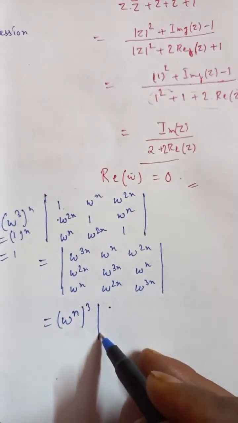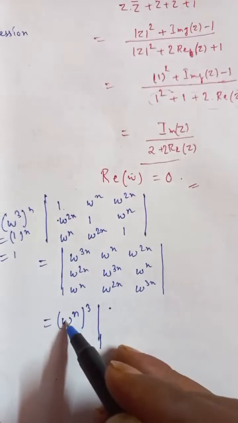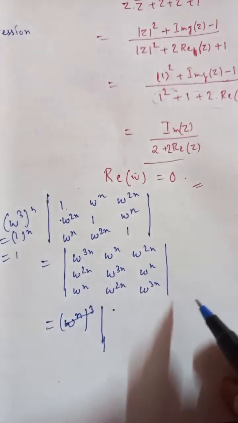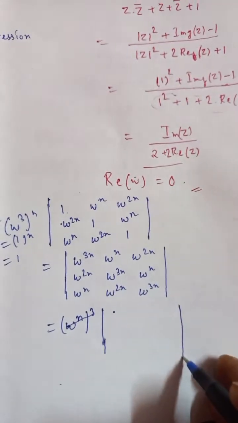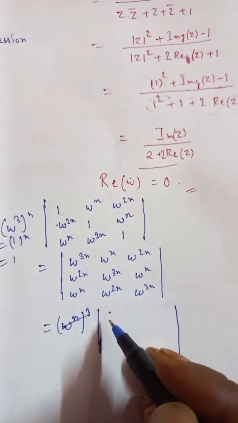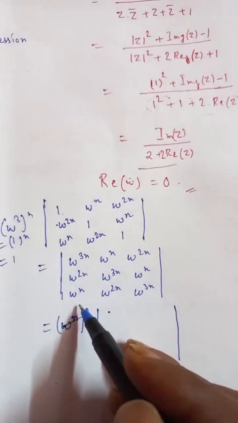So we will not take common, we just sum R1, R2, R3 by operating this.